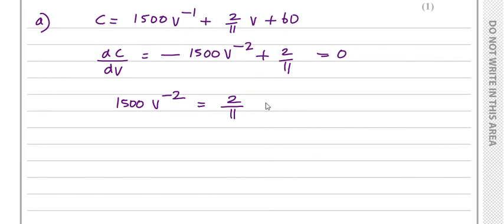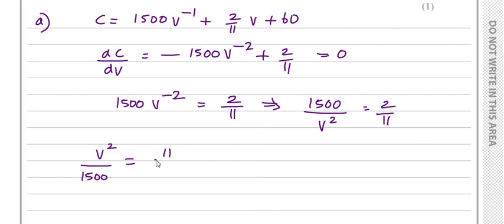So 1500 over v square is equal to 2 over 11. Flipping, v square over 1500 is equal to 11 over 2. Make v square the subject and solve: 11 over 2 times 1500.